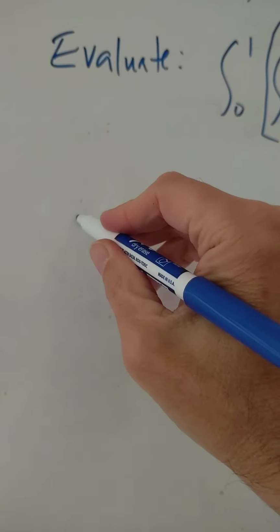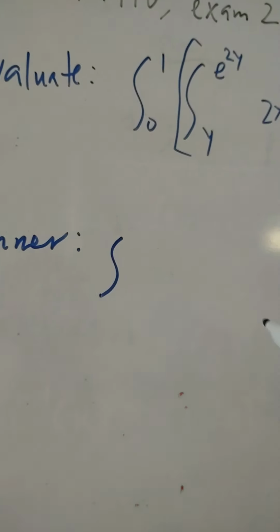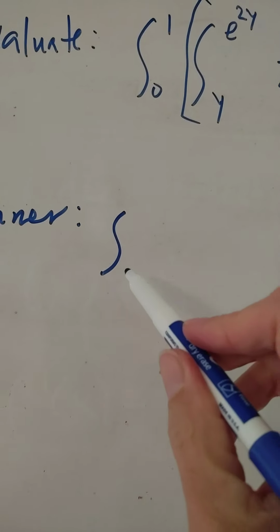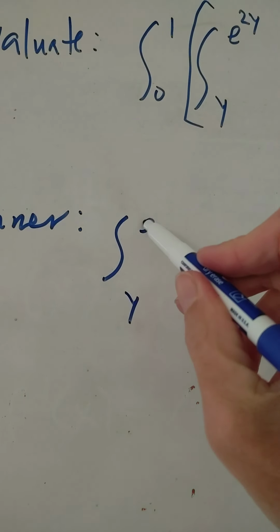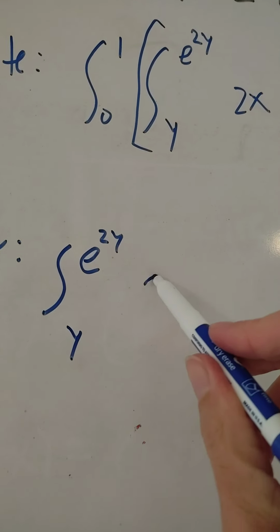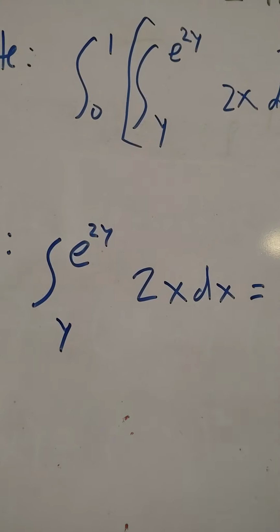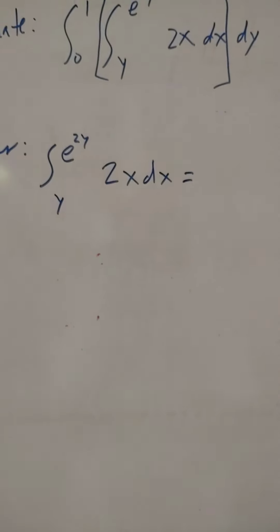So inner, and we've got the integral from y to e to the 2y of 2x dx. And this is going to equal, so I'm doing the inner integral first.